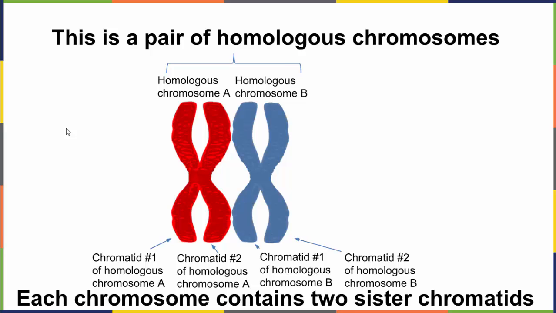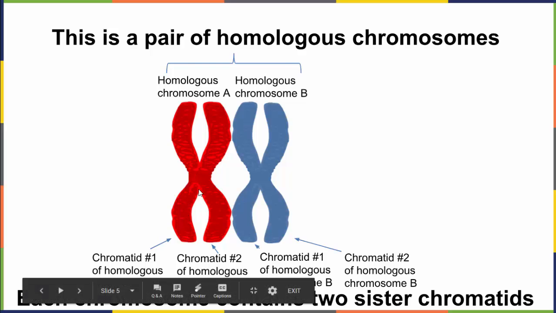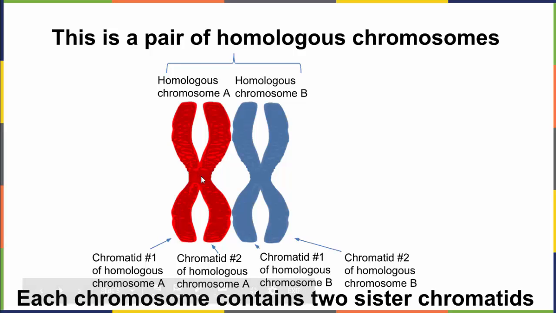Now each of those, because it has already undergone replication, has that X shape because it's really two chromatids, two twins that are stuck together. The leftmost bit of the X would be one chromatid, and in class, we said they were paper clipped together.